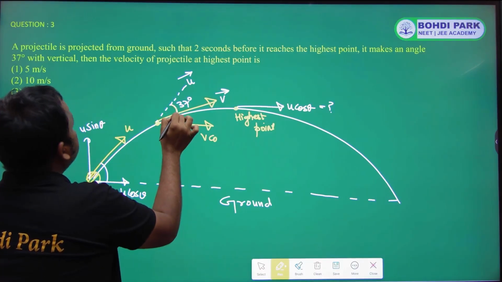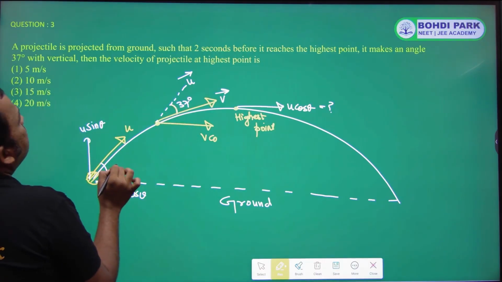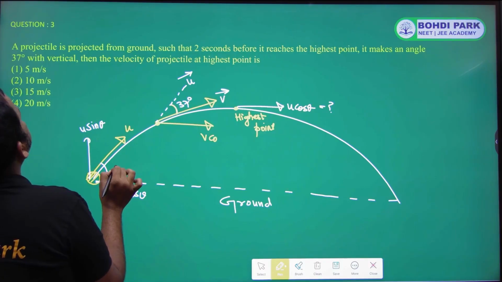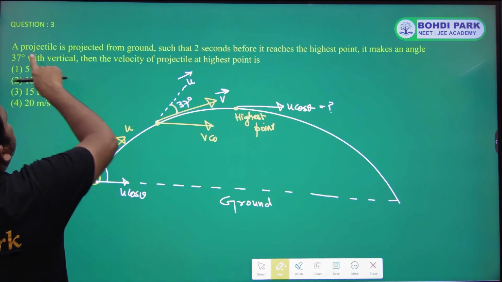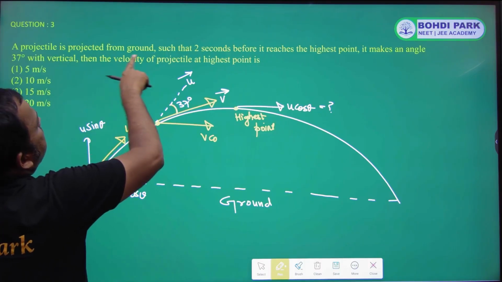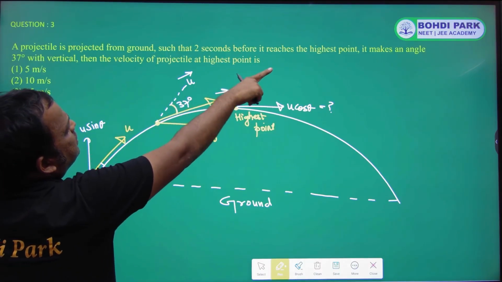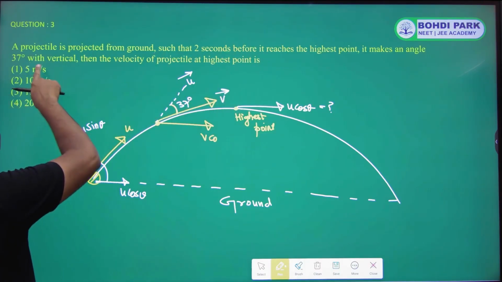Now this is 37. A projectile is projected from ground such that 2 seconds before it reaches highest point, it makes angle 37 with vertical.